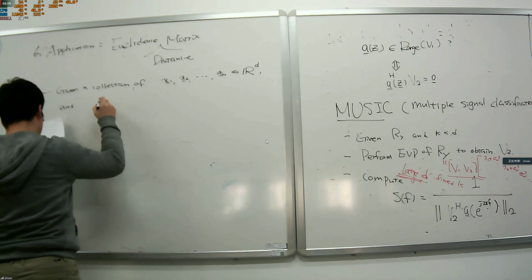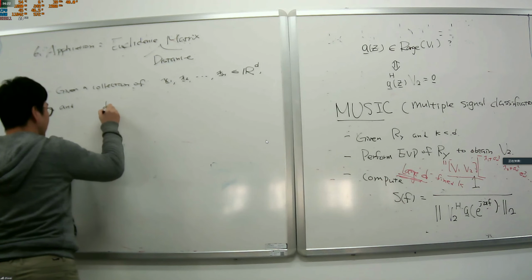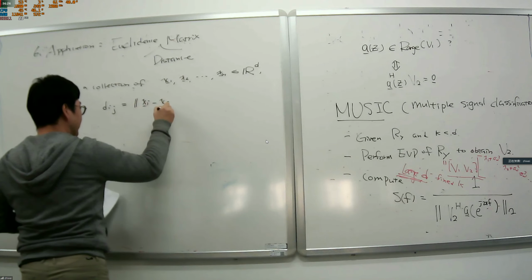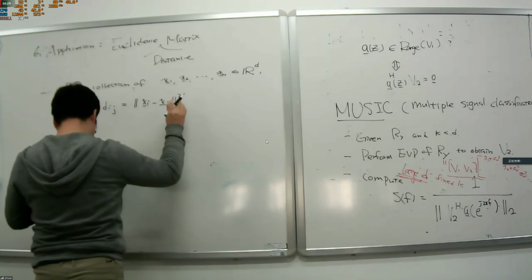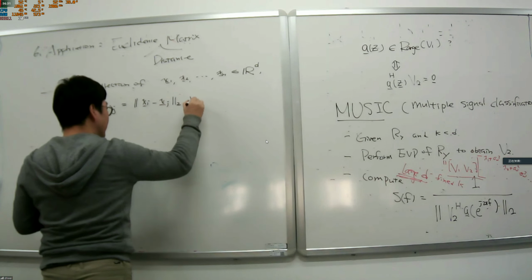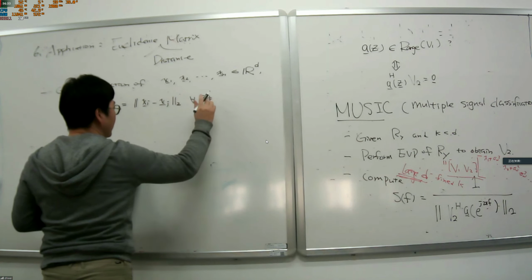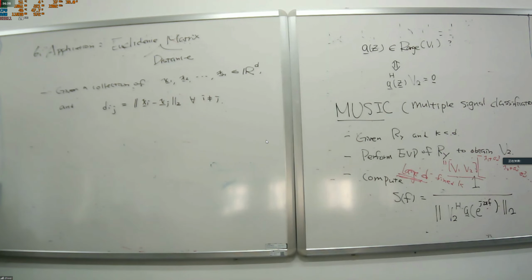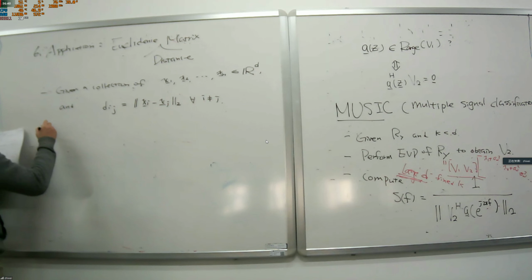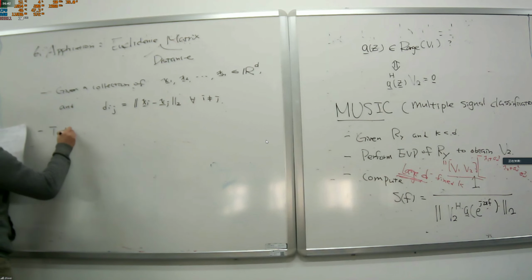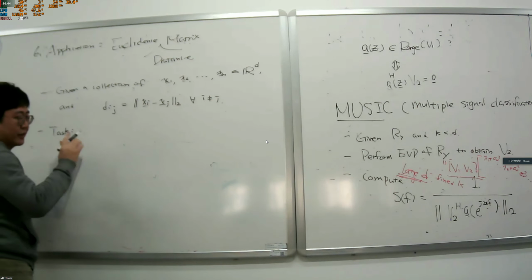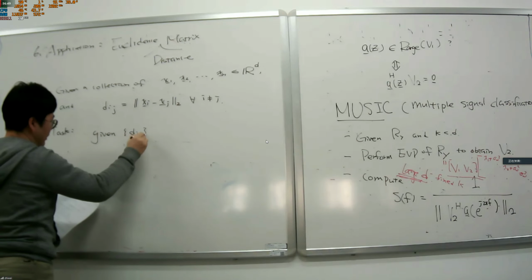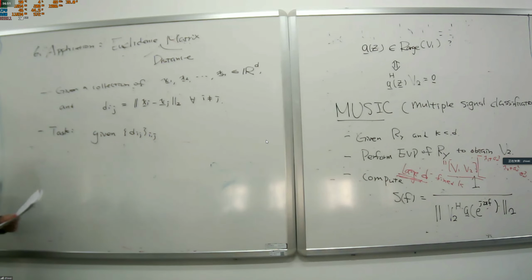So we have this Dij, the distance between xi and xj. The task is that we only have this Dij.